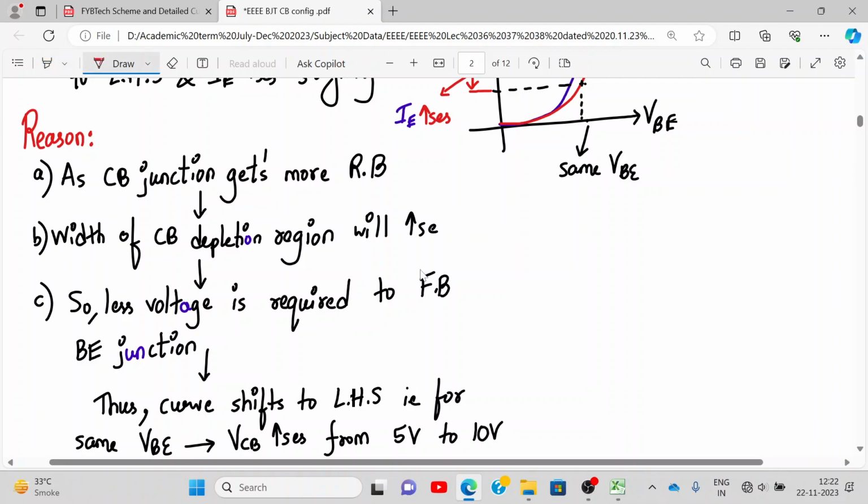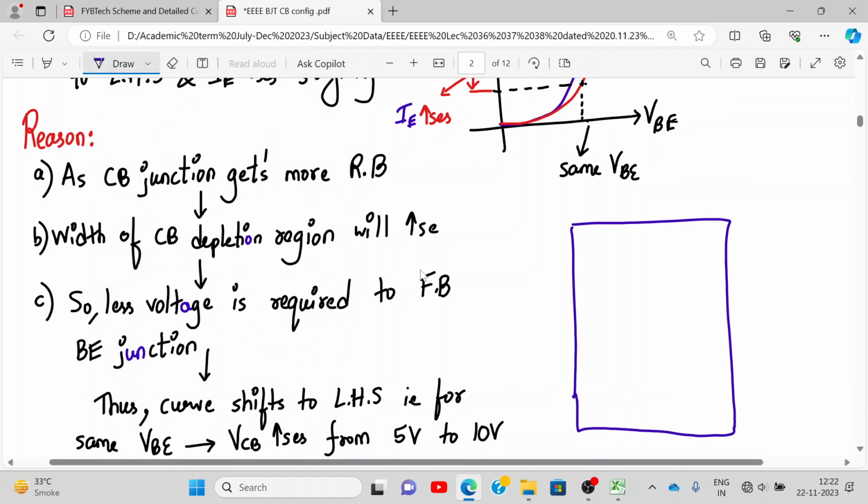I'll again repeat whatever I explained yesterday. So this is my emitter region, N. This is my base region, which is P. This is my collector region, N. This is collector, base, and emitter. Now, what are we saying? We are saying that the collector-base junction is becoming more reverse biased.